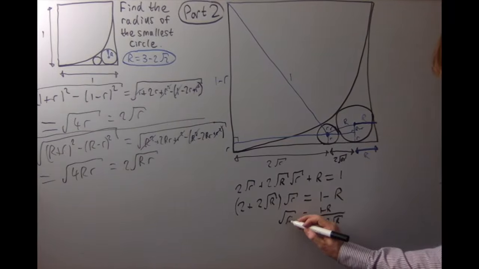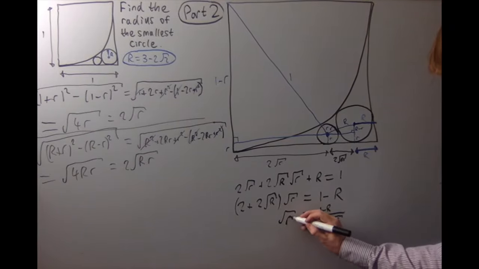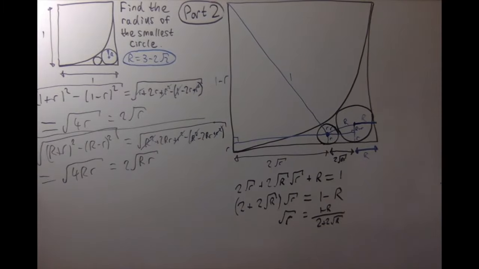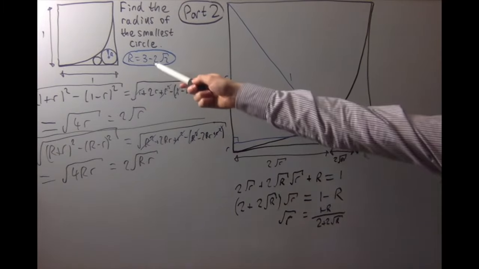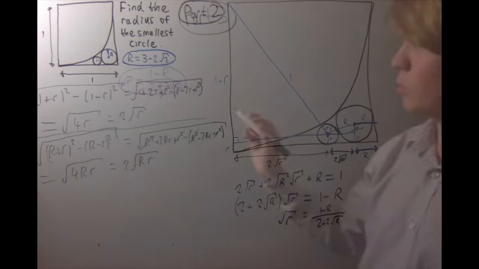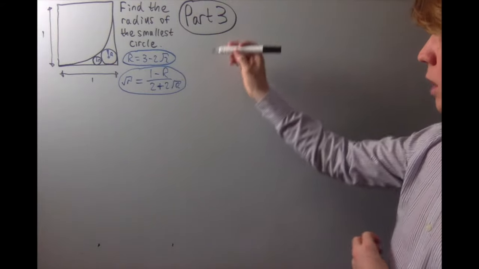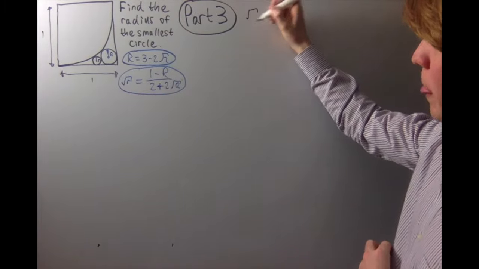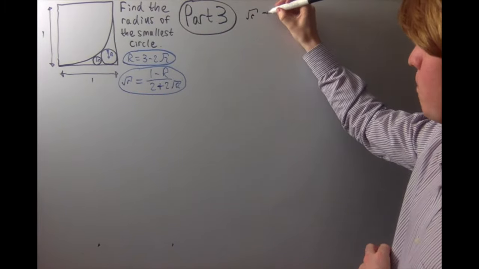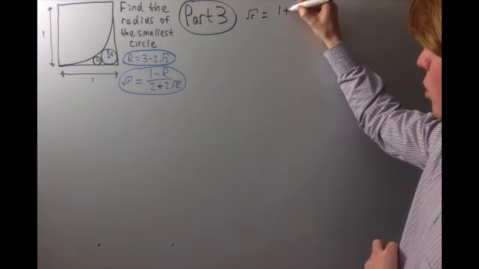Our next step is going to be solving this to find small r by substituting in our value of big R. Just before I do that, I'm going to save us a bit of time and effort by rewriting 1 minus capital R using difference of two squares.